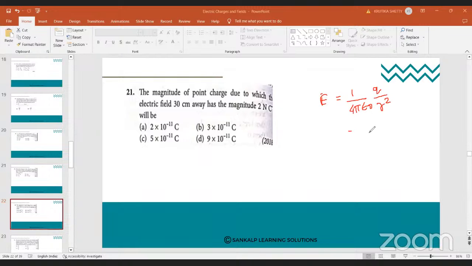We need the charge here. Therefore Q is equal to E into 4 pi epsilon naught into R square. Substitute all the values. E value is 2 into. Look here, 1 upon 4 pi epsilon naught we know is 9 into 10 raised to 9.